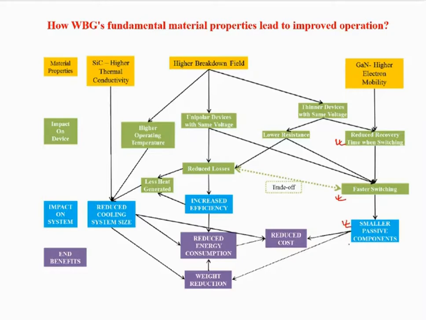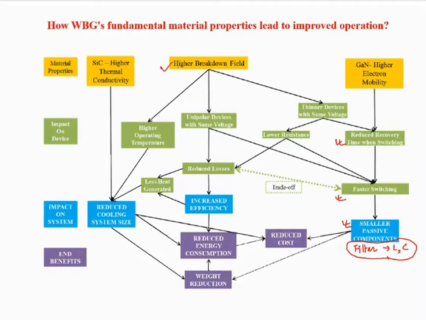Remember in our first lecture or maybe the second lecture, we discussed why you need filter elements for your power electronics. You need L, C, etc. Those are the passive components, sometimes a transformer. So as switching frequency goes up, the size of these components comes down. As a result, your power density of the system improves, efficiency improves.